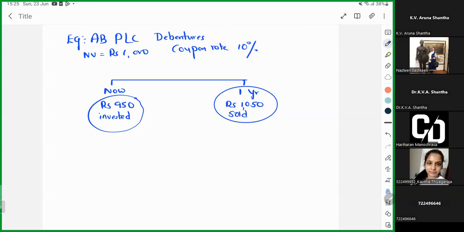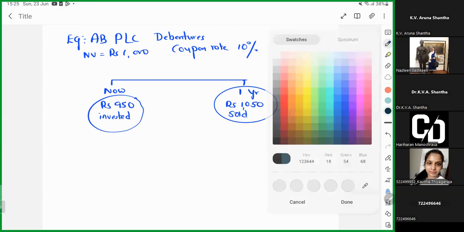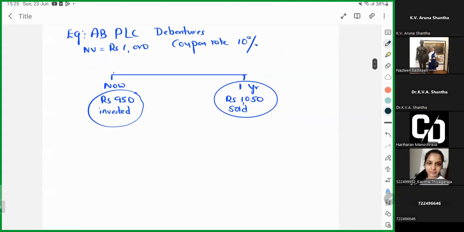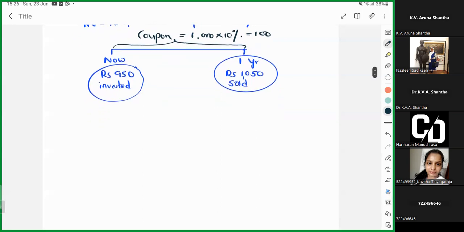During the year, you got the interest coupon. How much coupon during the year? 100, sir. Yes. 1,000 is nominal value, 10%, so coupon is 100. Then how much is your total return? 200, sir. Yes, very good.